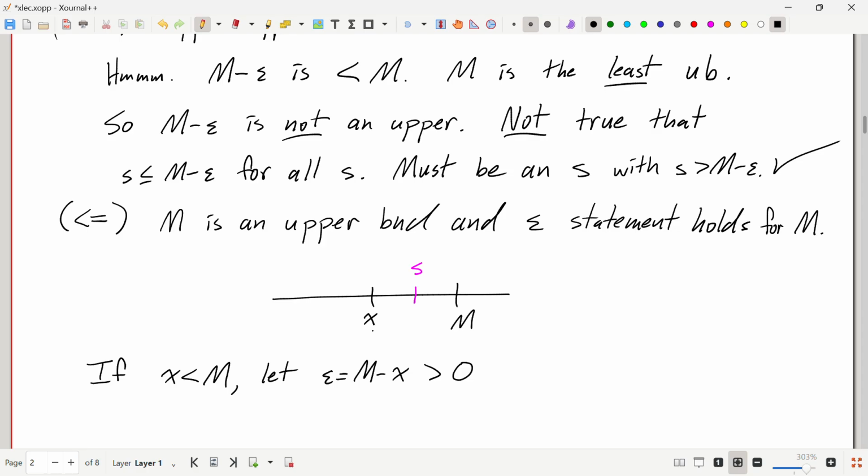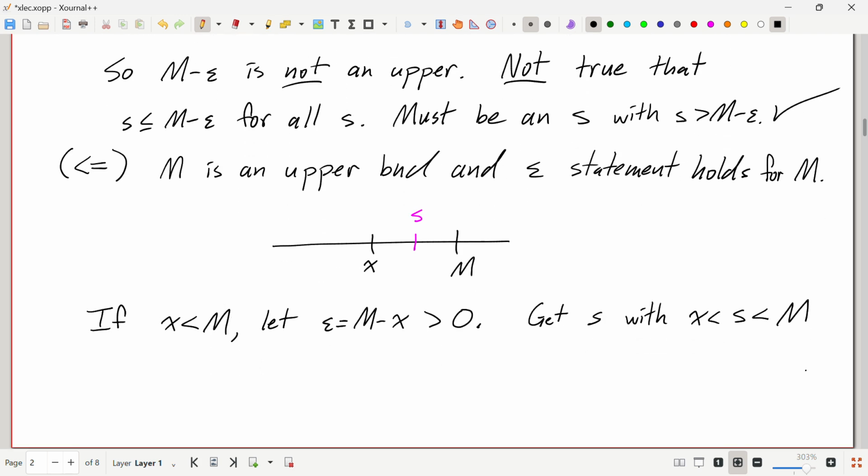And so then I would get an s, we get an s with x less than s less than M. This little thing right here shows that x is not an upper bound for S. So the aha moment is, because of this, x is not an upper bound.